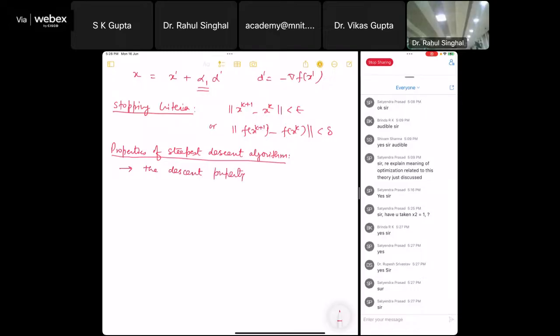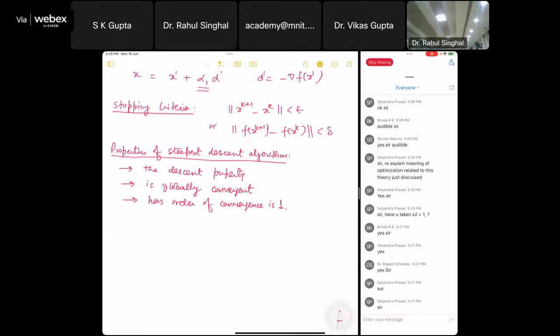Of course, it will be having. And next is it is globally convergent. It converges globally, and the order of convergence of this scheme is 1. So it's a slow method basically.